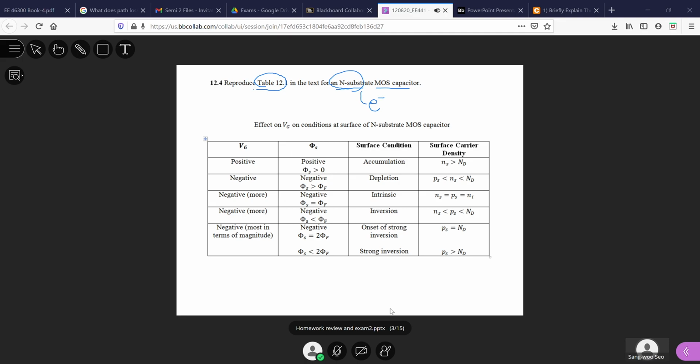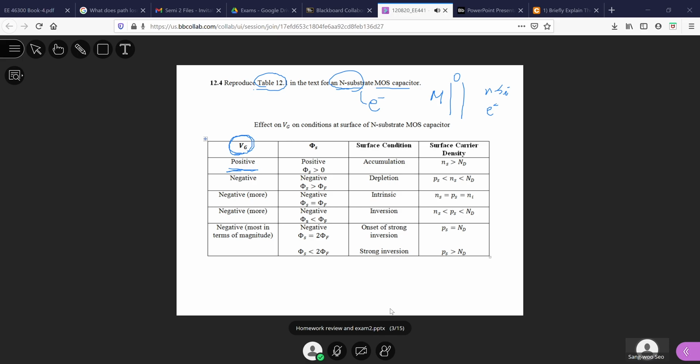Okay, and then we apply the different bias in the metal, and then we look at the surface potential. Okay, so in here, when you apply, for example, a positive voltage. Okay, so again, let's just draw briefly. So metal, oxide, and then this is N silicon. You have lots of electrons.